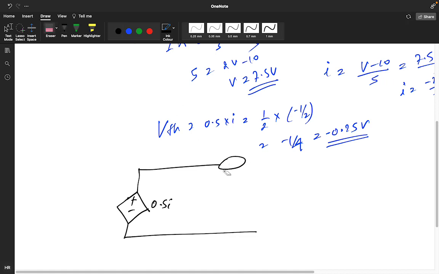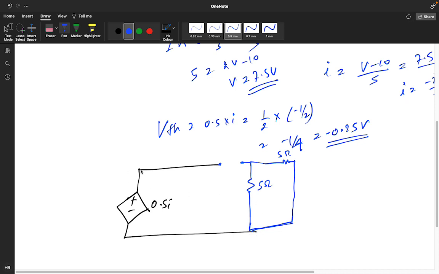So this gets opened directly. Now this is your 5 ohm, and this particular is your 5 ohm, and this will get short circuited.